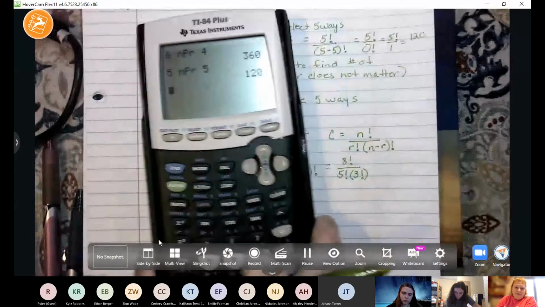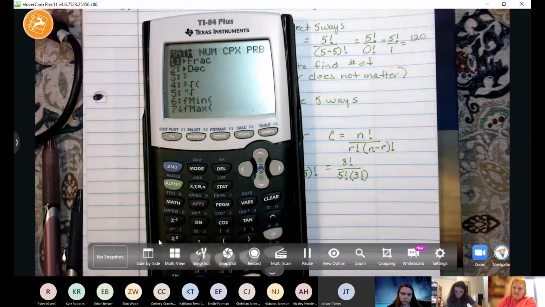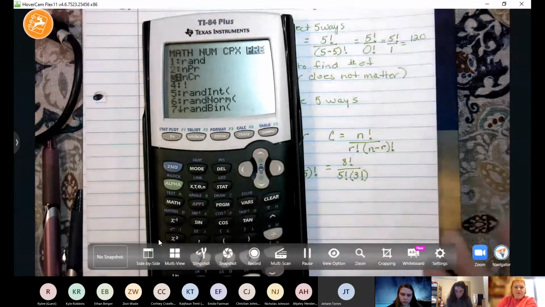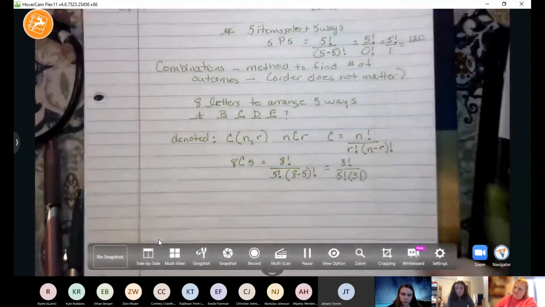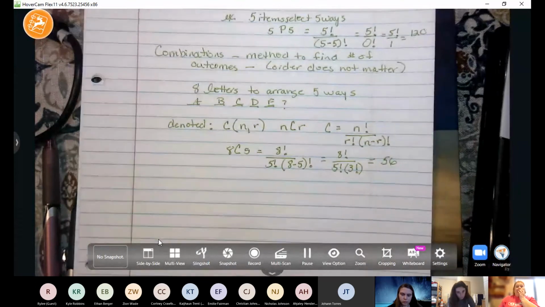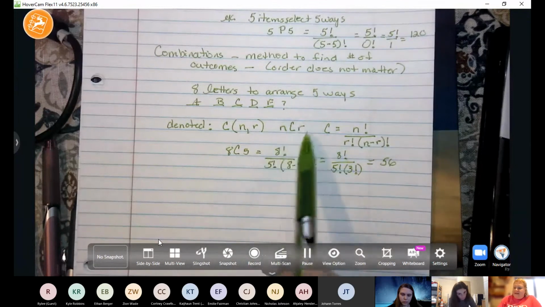On your calculator, similar to permutations, we're going to put the 8 in first, select the math key, go over to probability, go down to choice 3 this time, select it, 5 ways, press enter, and that turns out to be 56. If you have a TI-30 calculator, you would put in the 8 first, select the key with the NCR on it.